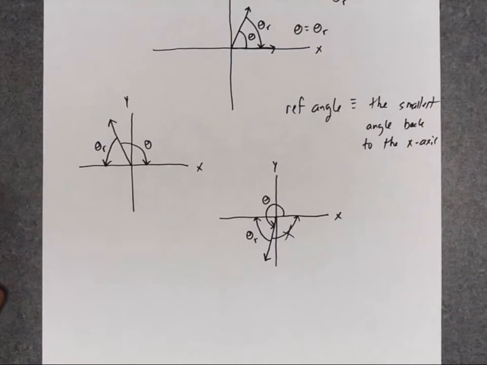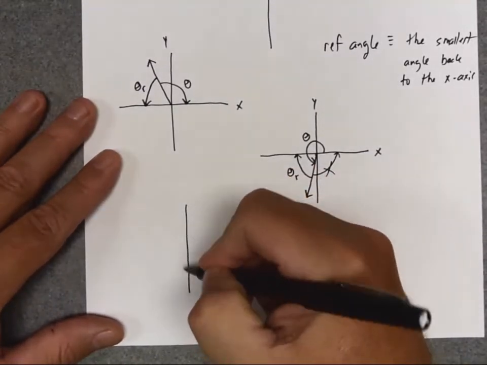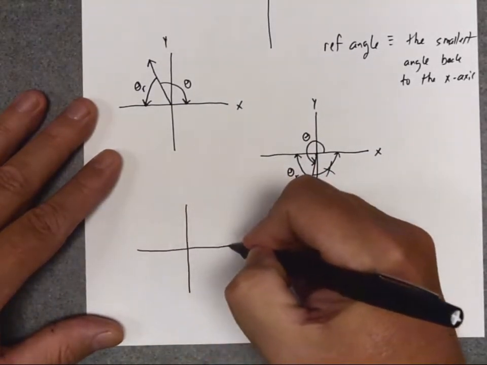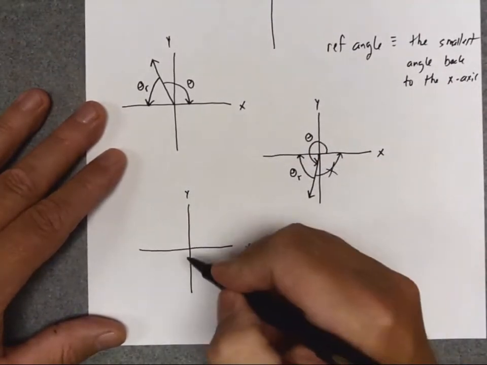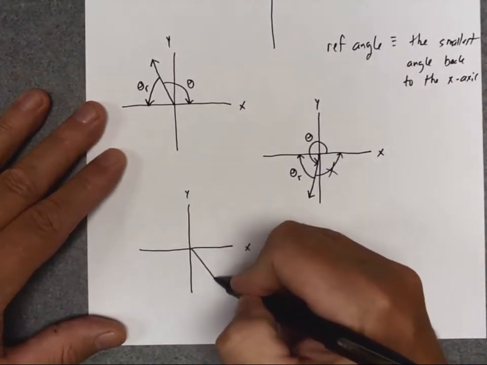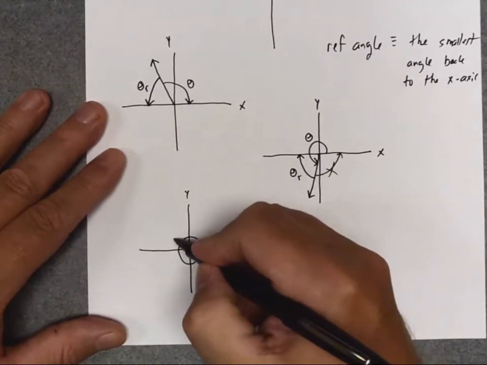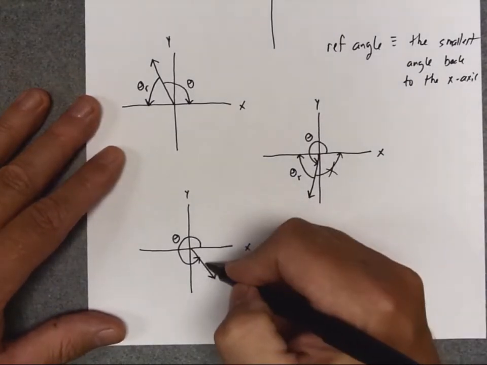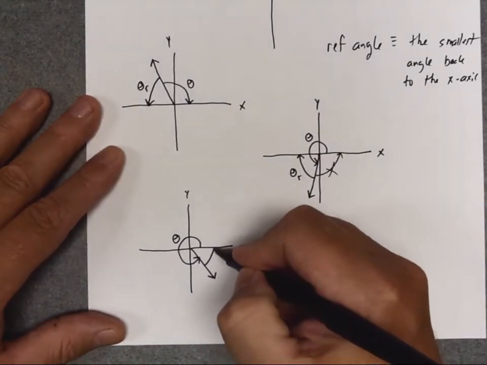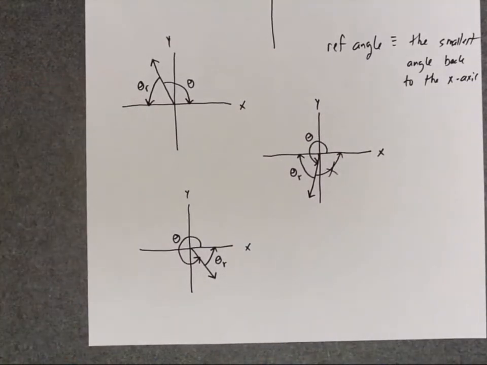So that becomes my reference angle. And just for fun, we'll do one more, maybe an angle in the fourth quadrant. So say my angle's right here. There's my angle all the way around here. But now I say, what's the reference angle? Well, the shortest, quickest way back to the x-axis is right here. So that's my reference angle.